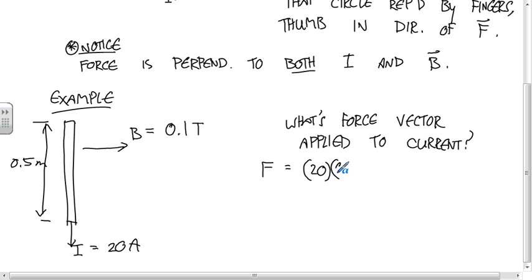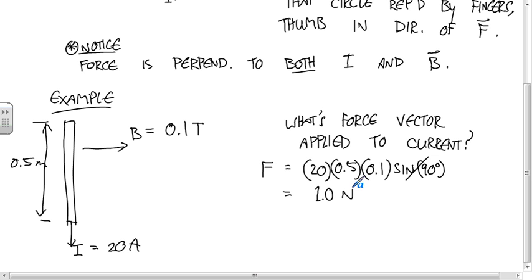That's 0.5 meters. Times the magnitude of the magnetic field. That's 0.1. And what's the angle between the magnetic field and the current? 90. So sine of 90, that's 1. So, you know, that just cancels out. And you end up with 20 times 0.5 times 0.1, which is just 1.0 newtons.